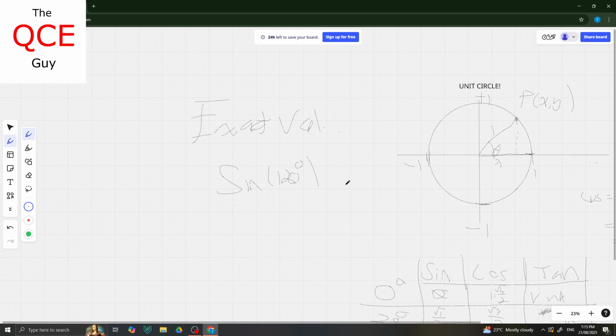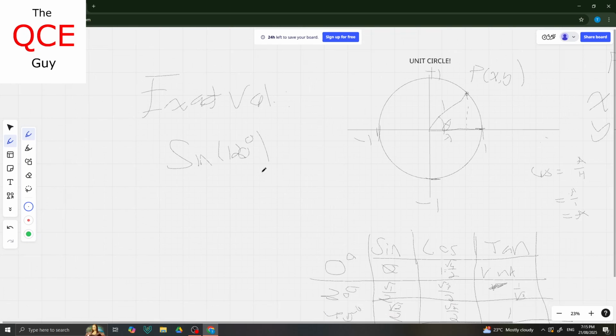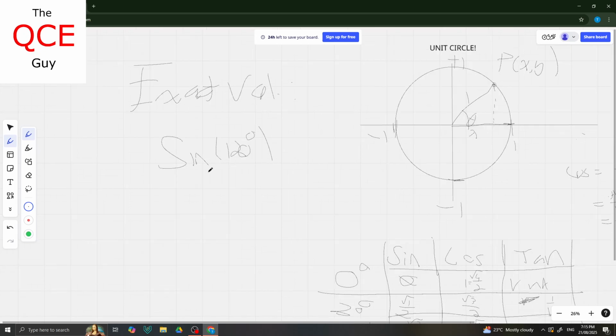So first of all, we can recognize that 180 take something is going to equal 120. 180 minus x equals 120, so our x value is going to be 60 degrees. So what that means is that for sine 120 out here, we have that as 60 degrees.